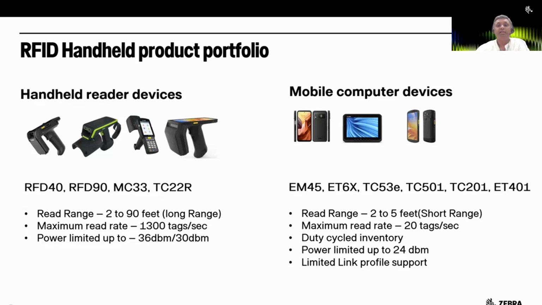Please note that these readers always perform duty cycle inventory, call it smart inventory. The power limit is 24 dBm, and they offer limited link profile support.